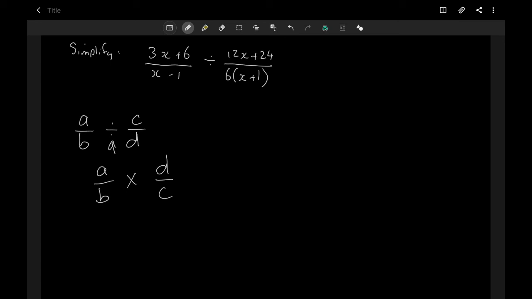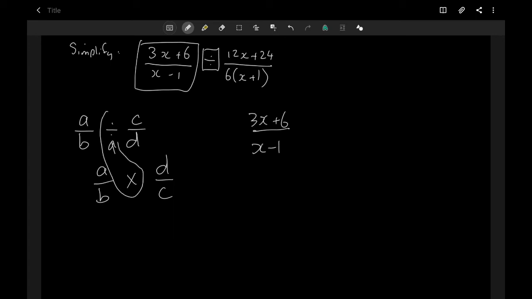So let's go back to our scary looking expression. We know that when we divide, the first fraction stays the same. So let's rewrite that. 3x plus 6 over x minus 1. We know that there's a division here of a fraction. So our rule tells us that we need to change that division into a multiplication. So let's do that.